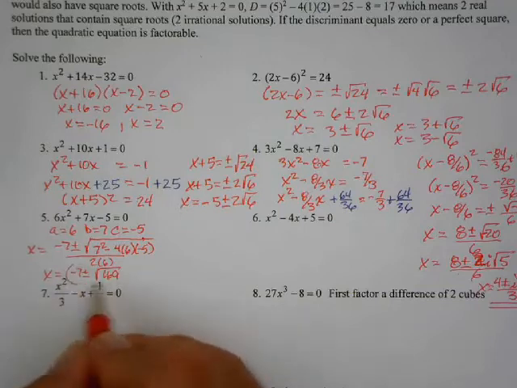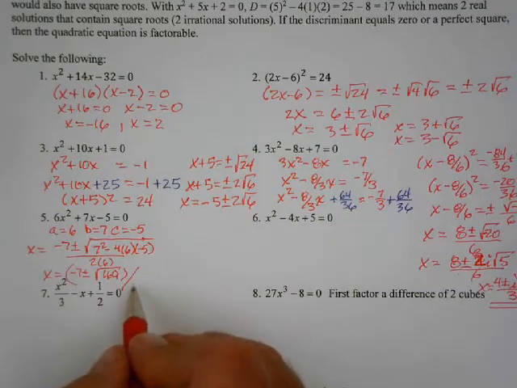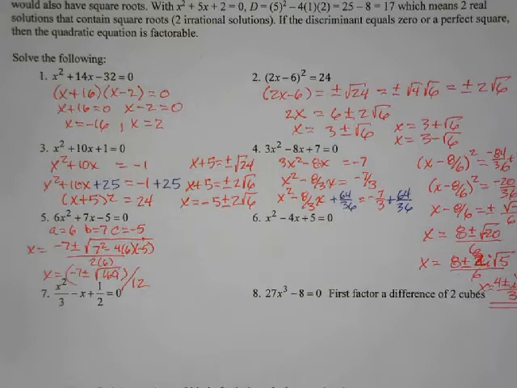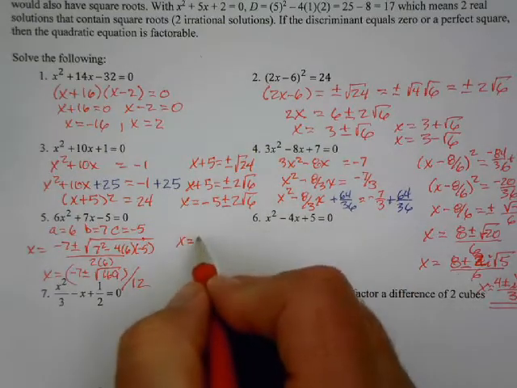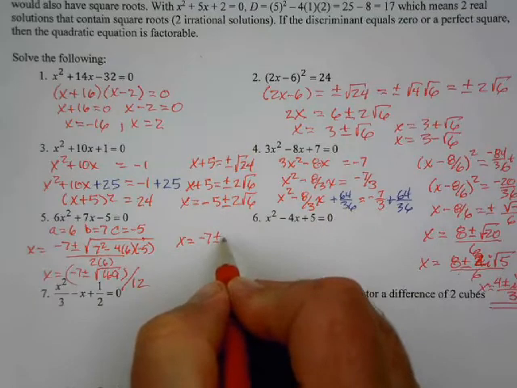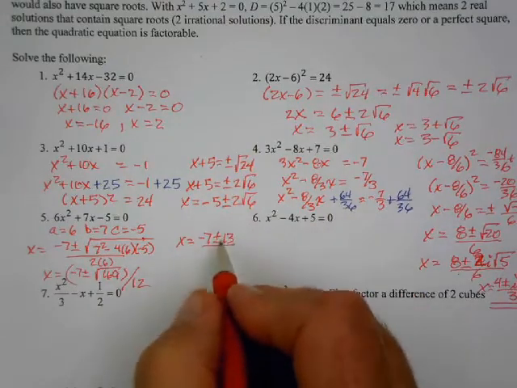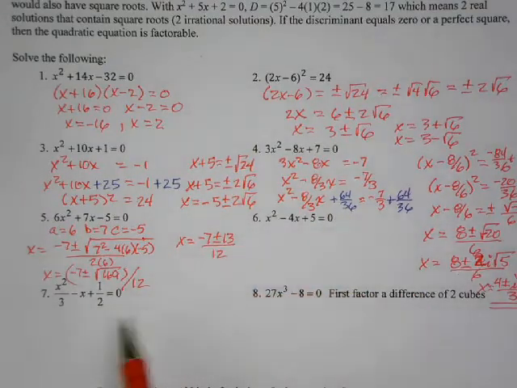Now, not done, because I can take the square root of 169. Turns out that that is 13. So now I have negative 7 plus or minus 13 all over 12. And again, if you're like, well, I wouldn't know that 169 could be square rooted, hey, use your calculator. See if the square root of 169 equals something.